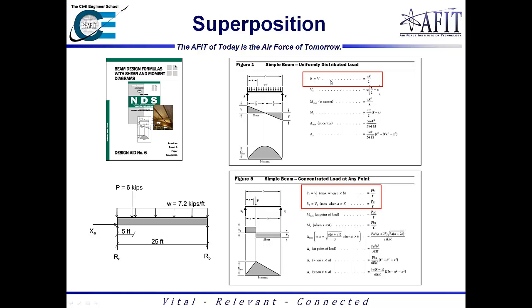The reaction from a distributed load that's symmetrical across the cross section is WL over 2, and the reaction from a point load is PB over L or PA over L, where PA is this distance and PB is this distance. Essentially it's taking a ratio, and it's saying the closer the load is to one support, the higher the proportionate reaction than at the further support.